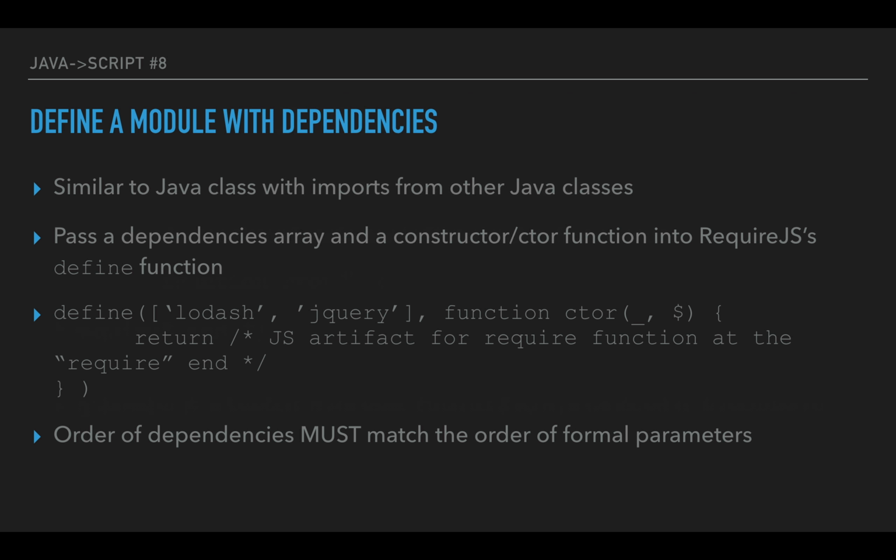And there's one point that is very important. The order of the dependencies passed into the define function as the first parameter must match the order of the formal parameters within the constructor or callback function. This is very important because if we mix it up, it just won't work.